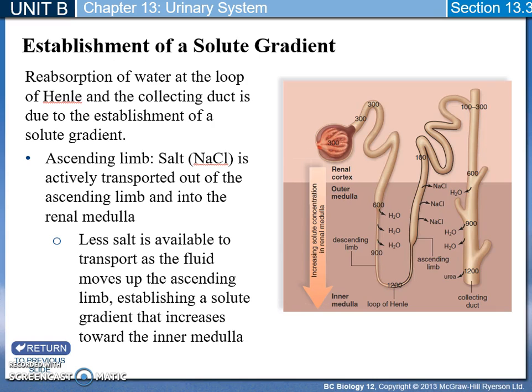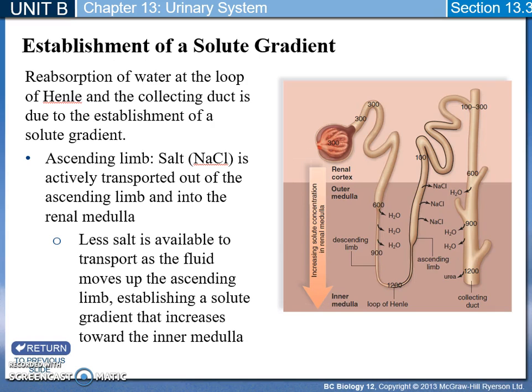You have a higher concentration of solutes toward the inner part of the medulla, a lower concentration at the outer part, and a higher concentration at the inner part. If you keep that in mind, that will help you understand how urine can be concentrated before it's actually excreted.